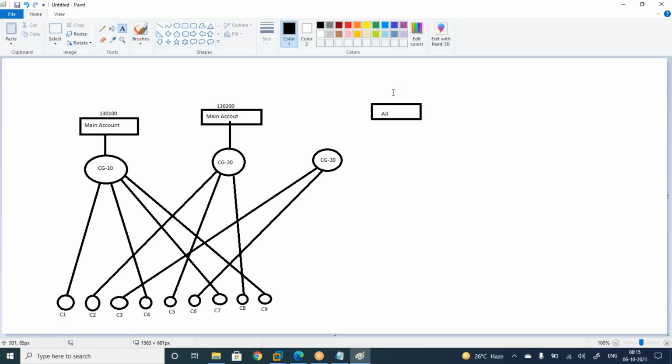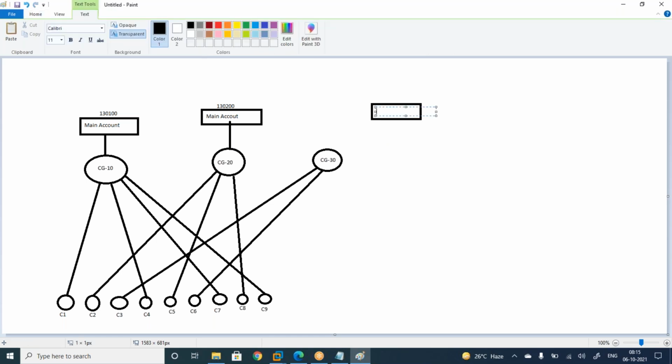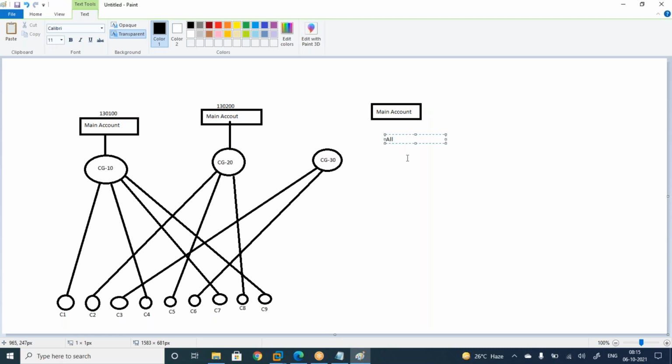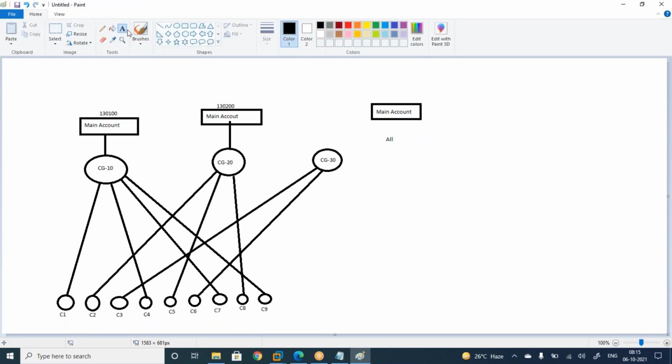Here we are mapping one main account. This is for all, and it is linked to this one. This is suppose 130 300.